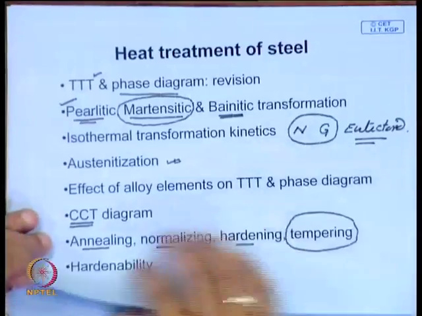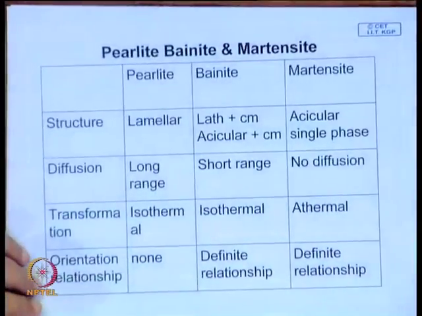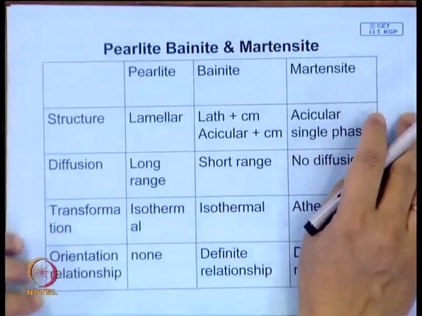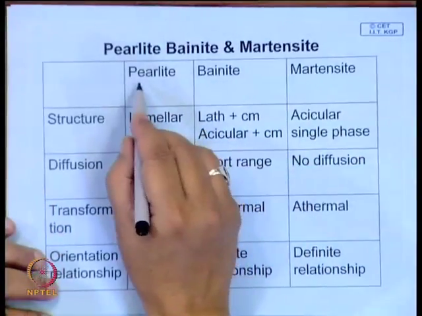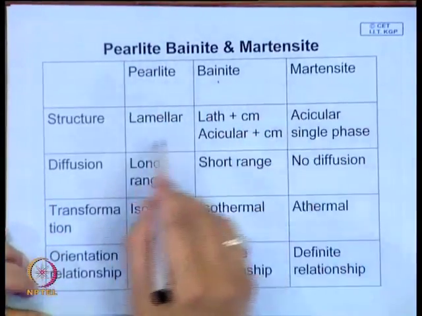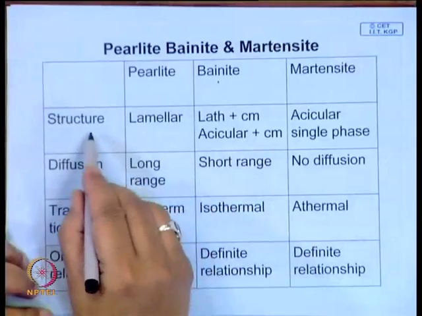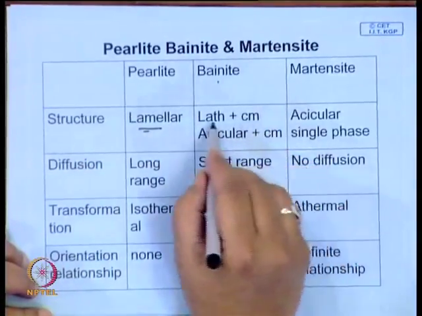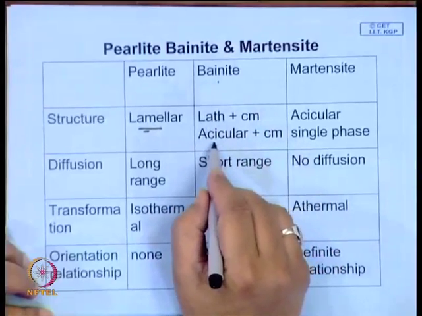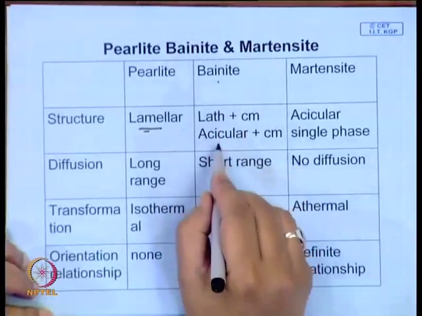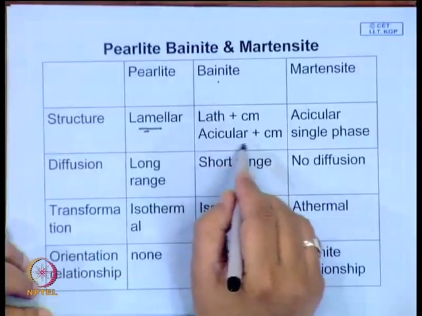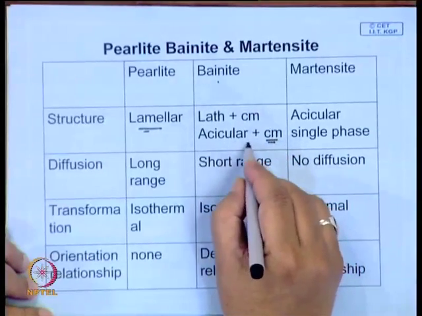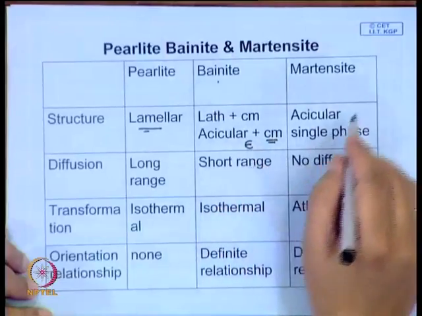Now, let us do a quick recapitulation of the three different types of transformation which take place: Pearlitic, Bainitic, martensitic. This we looked at, their structures. This is lamellar. Here you have two variants, lath plus cementite, and another, lower temperature bainite. They are nearly acicular or plate type, where carbides may be cementite, or in some cases epsilon carbide.